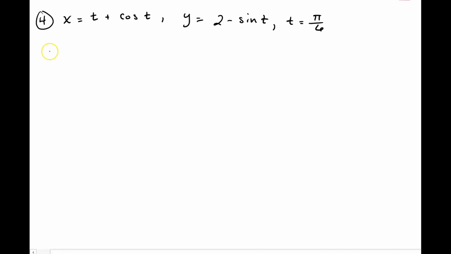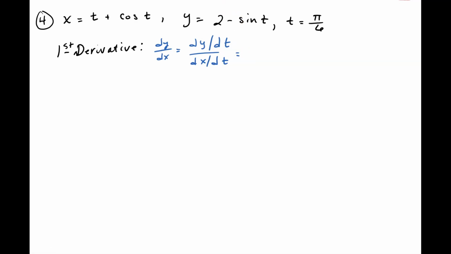On this one, let's find the first derivative. Again, I'm continuing to write the formula just so you get the hang of what to do. If you know what you're doing, then really no need to write it out, but it does help with the process.